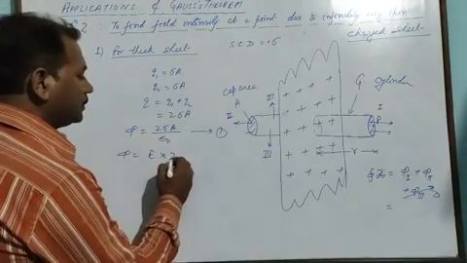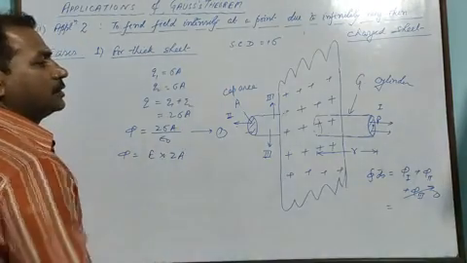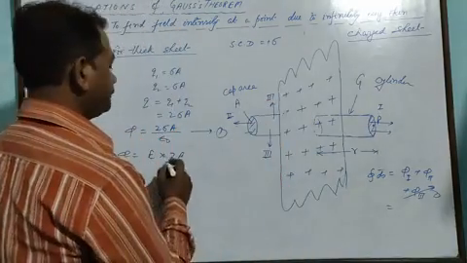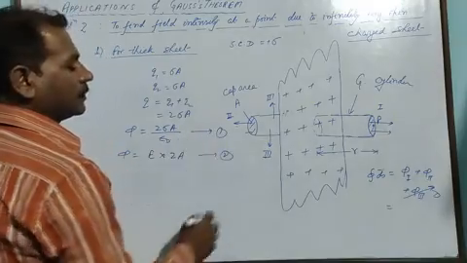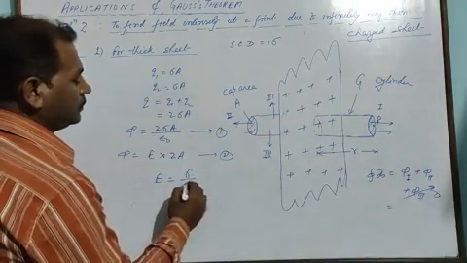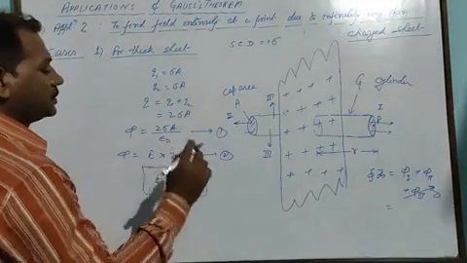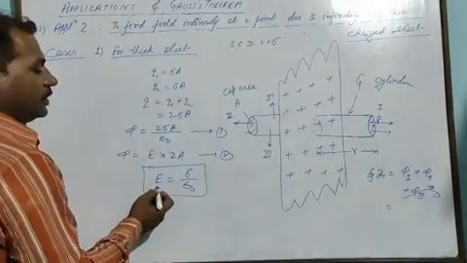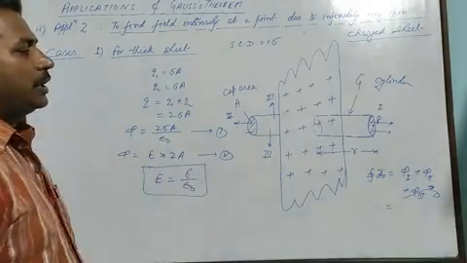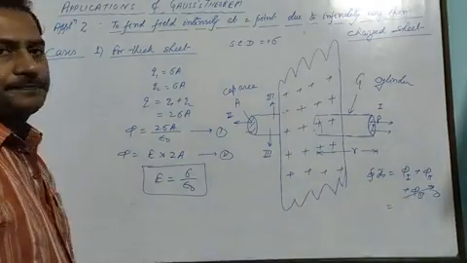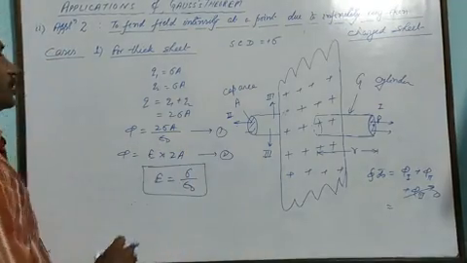That's why the electric flux will come out only through this cap area and this cap area. This means the field intensity in this case will be sigma by epsilon naught. So for a thick sheet, the field intensity is sigma by epsilon naught, and for a thin sheet, it is sigma by 2 epsilon naught.